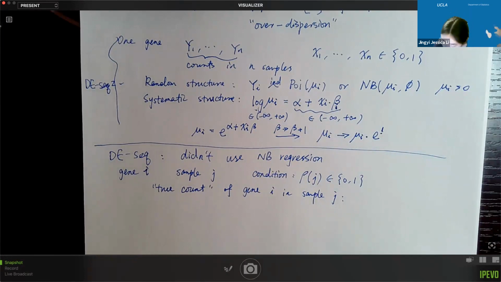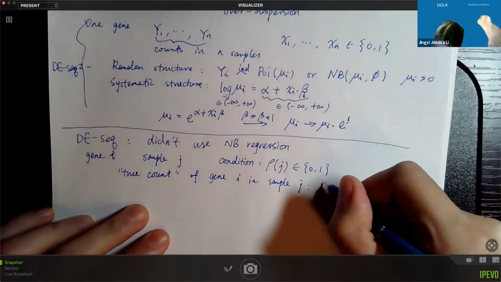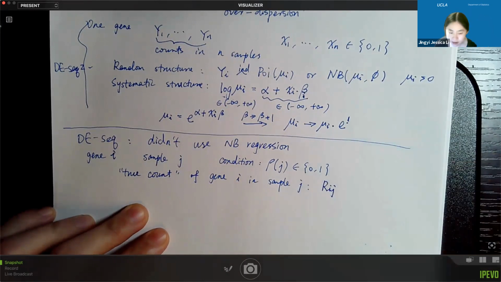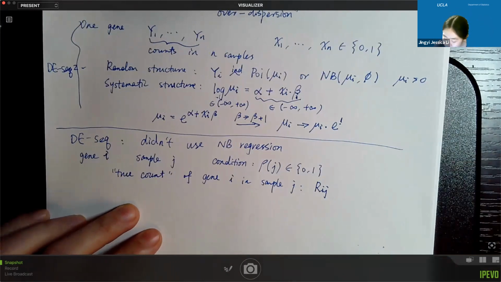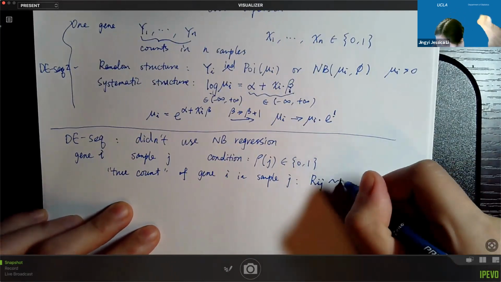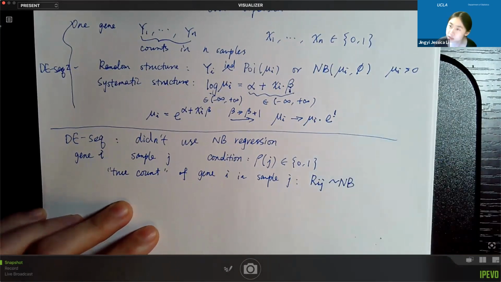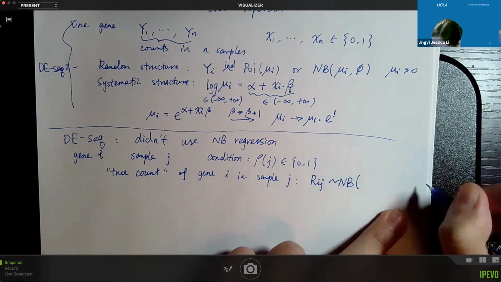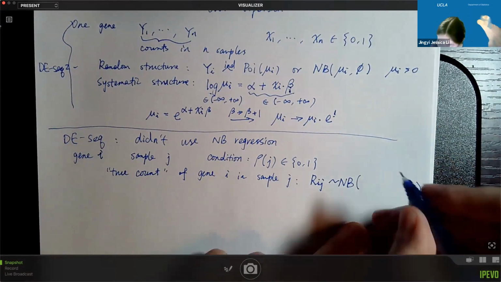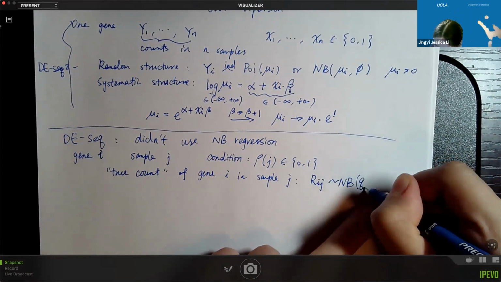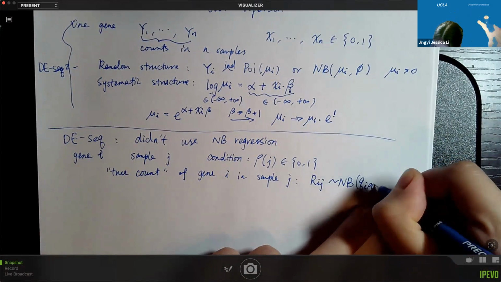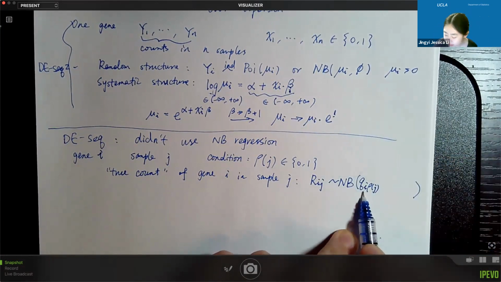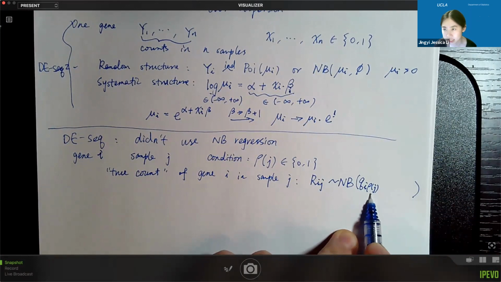Suppose we know the truth. This is denoted by R_ij, a count, and the authors assume this to follow a negative binomial distribution with two parameters, as we said. The mean parameter is denoted by mu_i,rho_j. So two sub-indices: one is for gene i, the other is the condition.